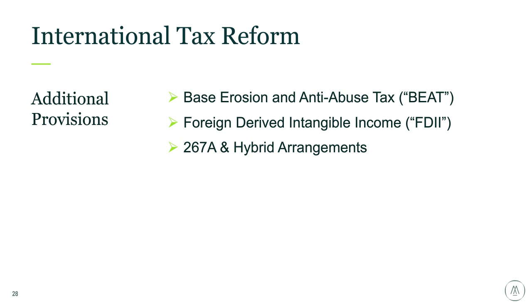This is basically a new computation of alternative minimum tax. I know Peter said that the traditional AMT was gotten rid of. This effectively replaces it. So under BEAT, a taxpayer recomputes their taxable income disregarding any deductible payments made to a foreign-related person, and then applies a new tax rate to that.